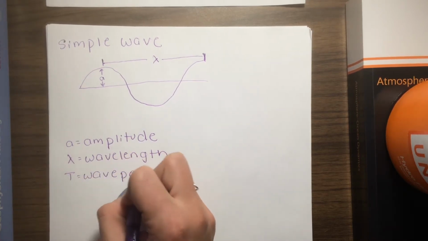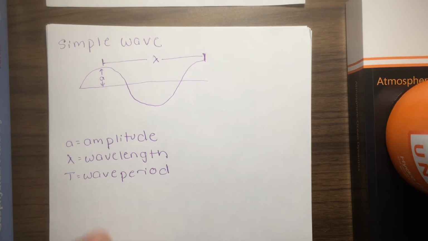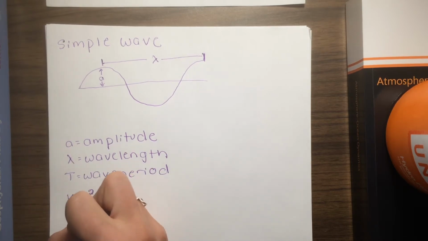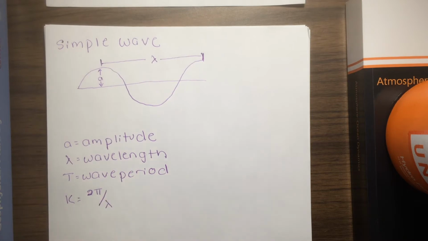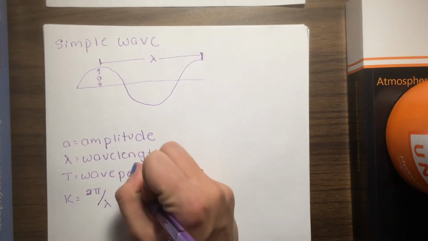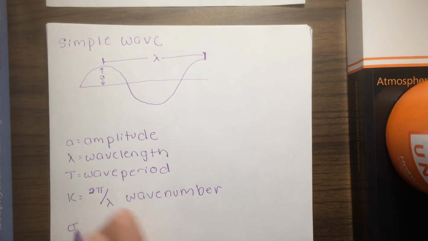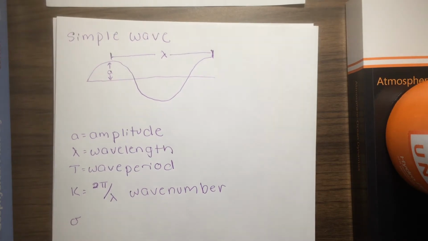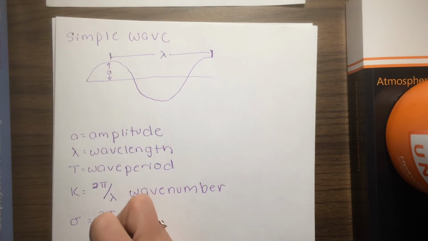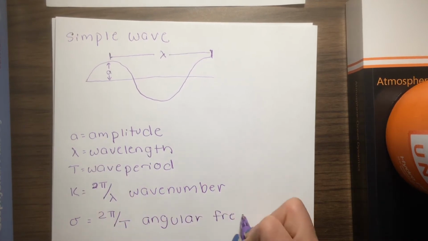T is the wave period. K is equal to 2 pi over wavelength lambda, and this is what we call the wave number. And similarly, sigma is equal to 2 pi over the wave period T, and this is what we call the angular frequency.